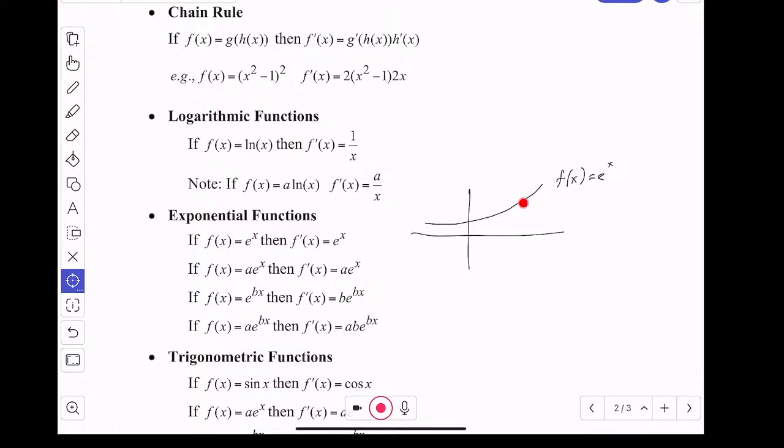So at any point, the slope of the exponential function is just itself, e to the x. It replicates itself. The derivative replicates itself. So that's what we need.